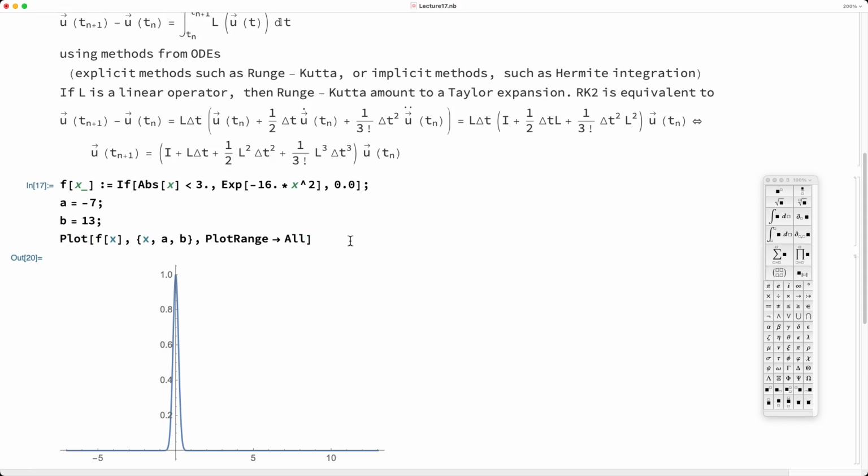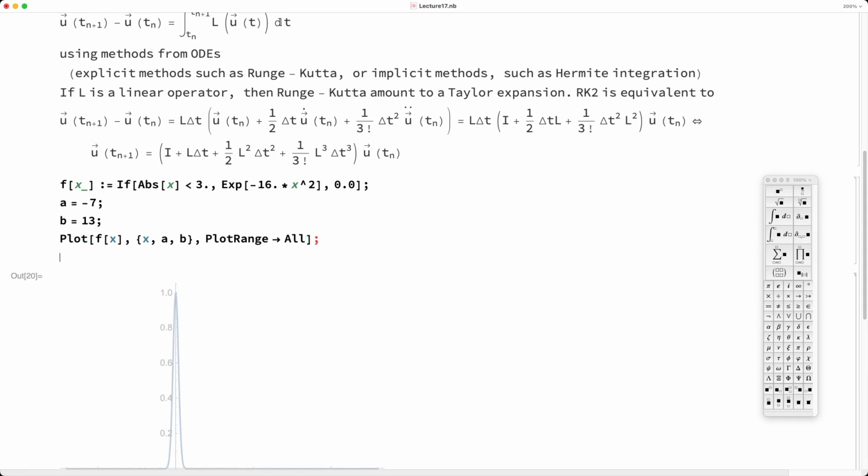Okay, so let's hide this, and then we can ask Mathematica to solve this advection equation. Let me write it down. So the advection equation looks like this. And then we need to specify initial conditions and boundary conditions.